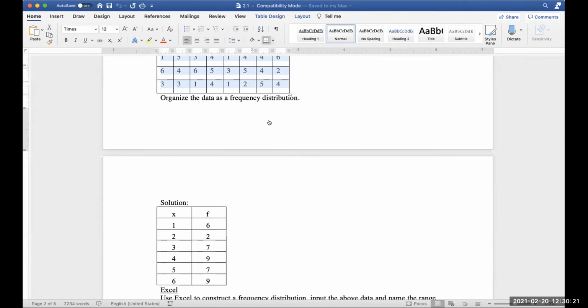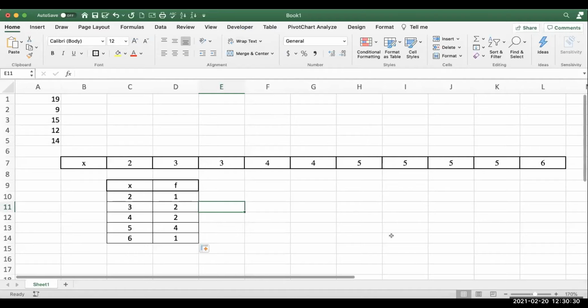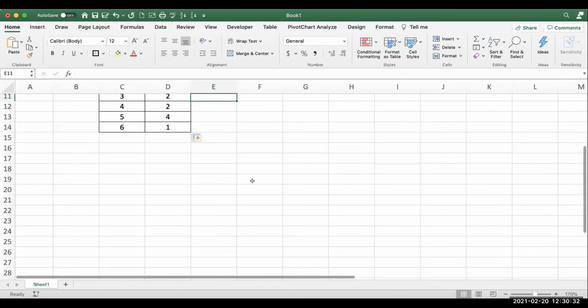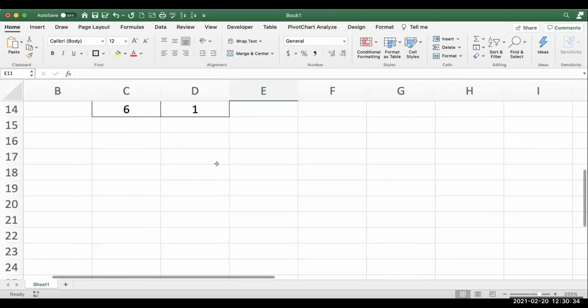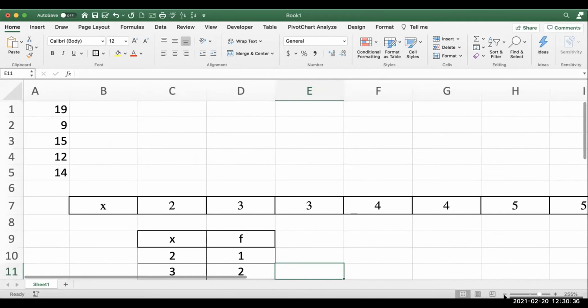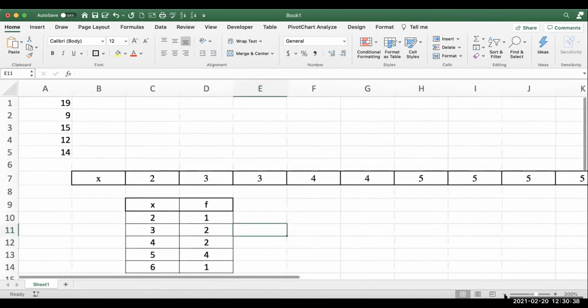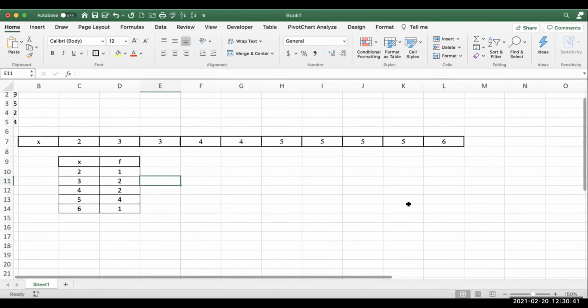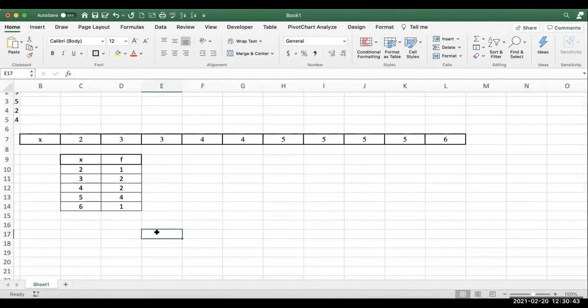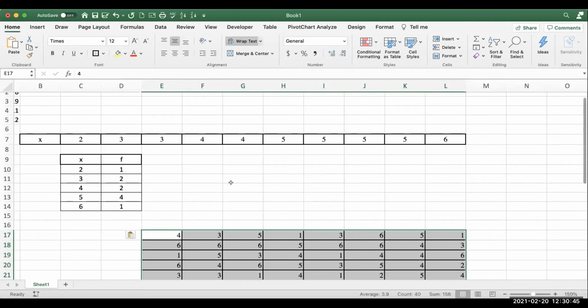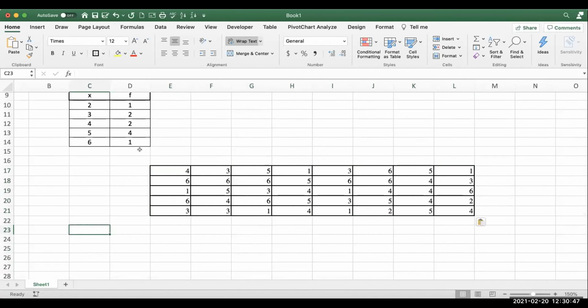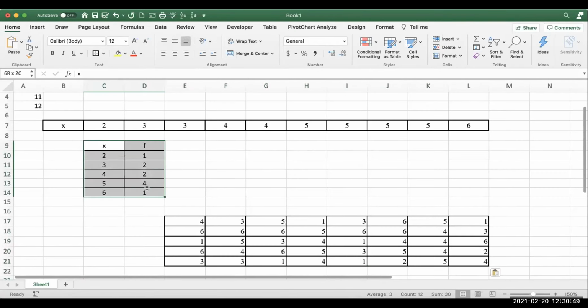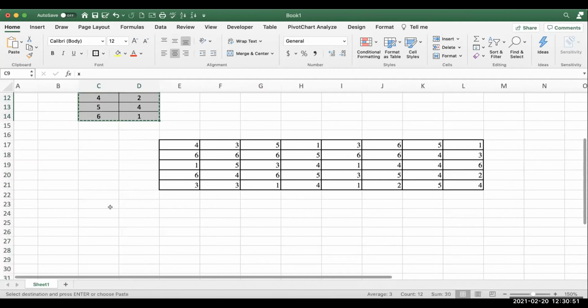So let's do this. Let's put it, oops. How did that get so much bigger? Somehow it expanded. I don't care where I put the data. Let's put the data here. Okay. And let's just semi-copy that for a second.